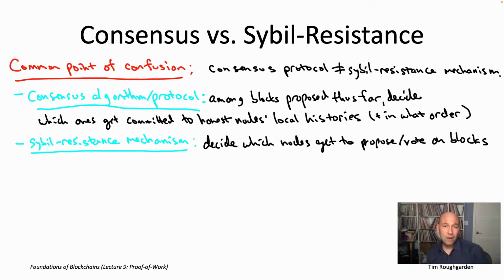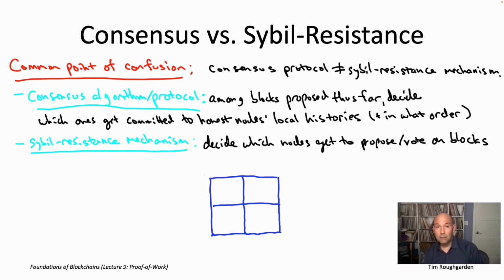All right, so we can organize the discussion in terms of a 2x2 matrix, where we label the columns with a choice of consensus protocol, either longest chain or BFT-type, and we label the rows with a choice of Sybil-Resistance mechanism, either proof of work or proof of stake. Now, mind you, you could draw a bigger matrix, because there are other approaches to consensus beyond these two. There are other approaches to Sybil-Resistance beyond these two. But these are currently the two most commonly used paradigms for consensus and for Sybil-Resistance in blockchain protocols. So let's just focus on these four possibilities.